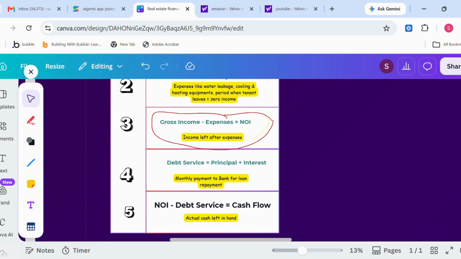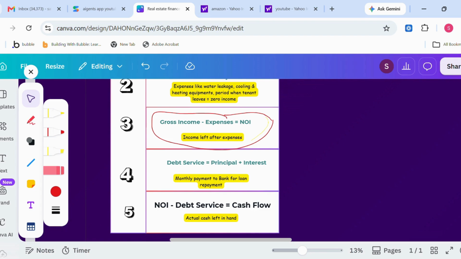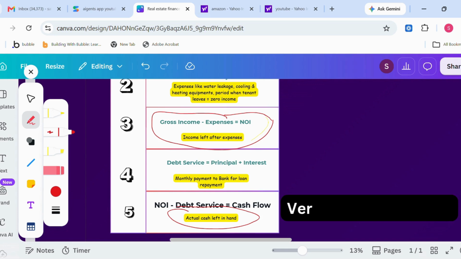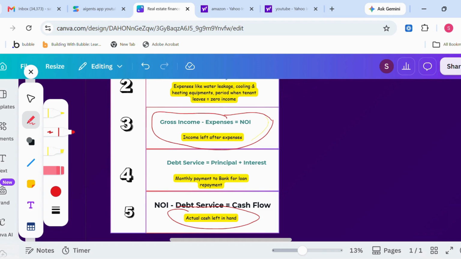So this is the only metric which is very important in real estate financial modeling. You need to understand that this is the only cash which is left in your hand after paying all the expenses. A very important metric, and always ignored by people.